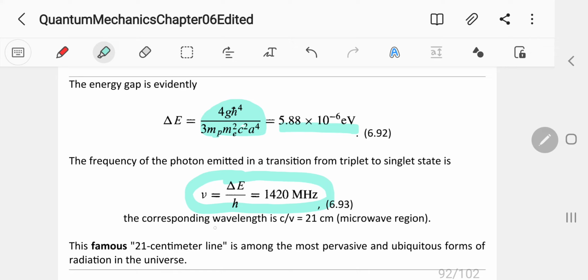And of course, the corresponding wavelength for this particular frequency is 21 centimeters, in the microwave region, and this is called the famous 21 centimeter line, and is among the most pervasive and ubiquitous forms of radiation in the universe. It's very common in the telecommunication system.